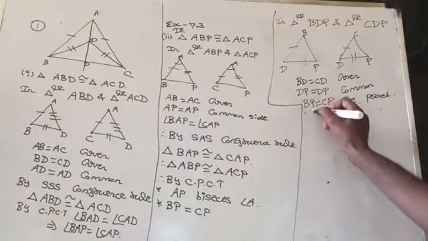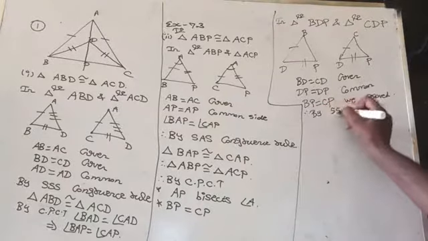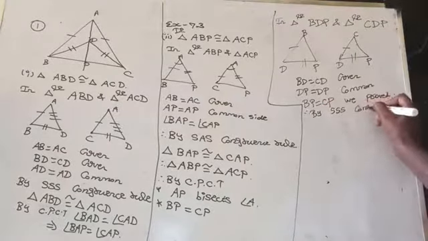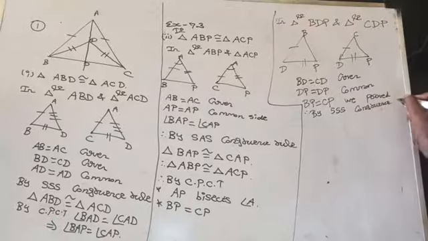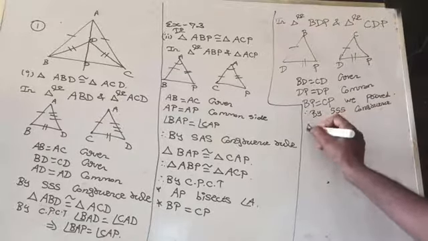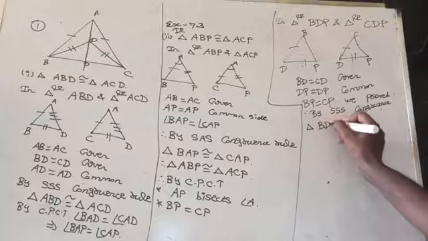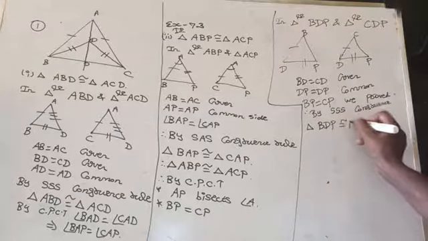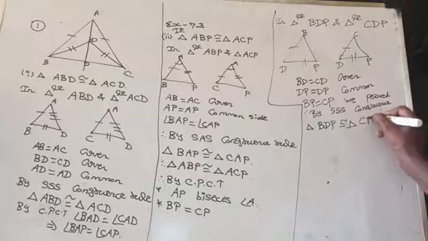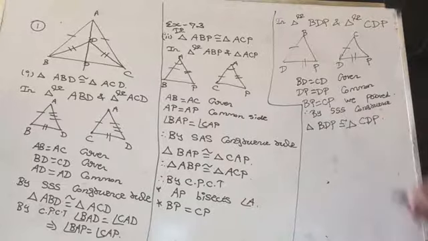Therefore, by the SSS congruence rule, triangle BPD is congruent to triangle CDP.